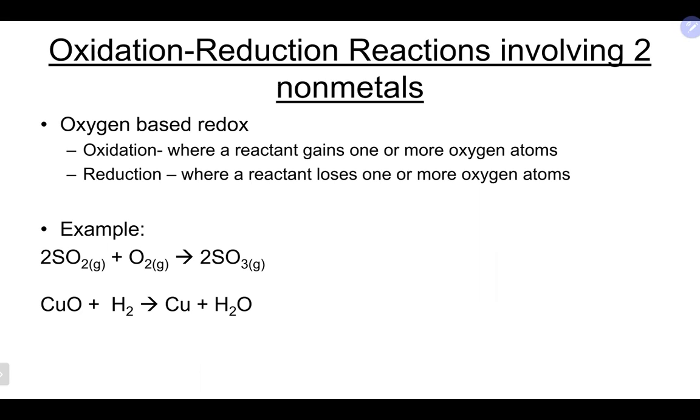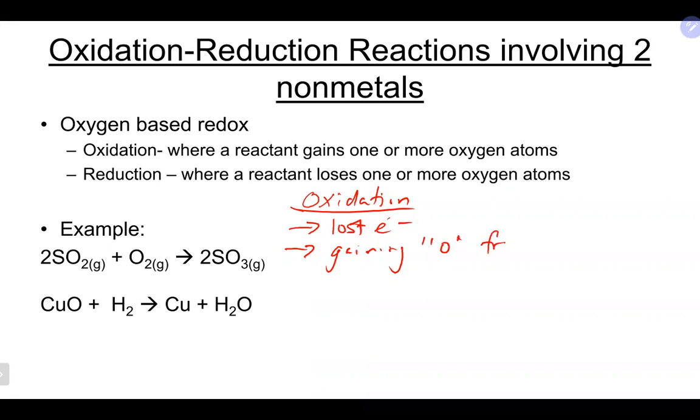So there's really 3 definitions for oxidation. It is the loss of electrons, the gaining of oxygen from reactants to products, and the loss of hydrogen as you go from reactants to products.